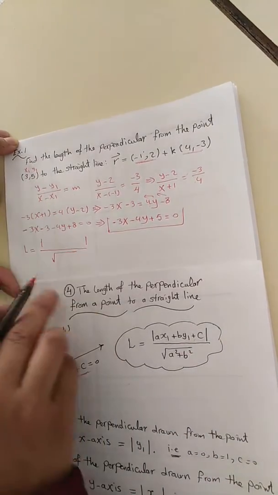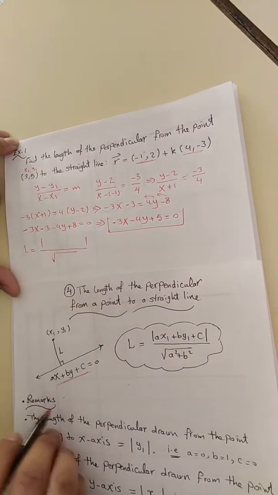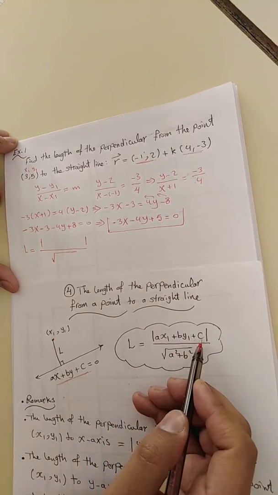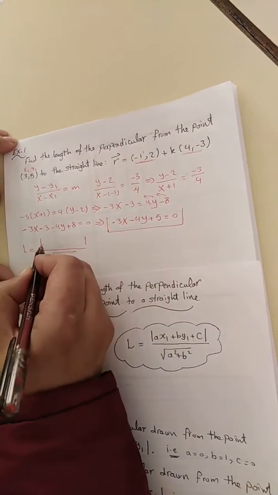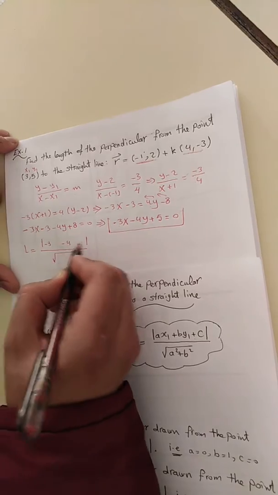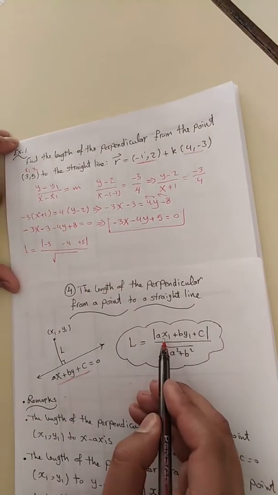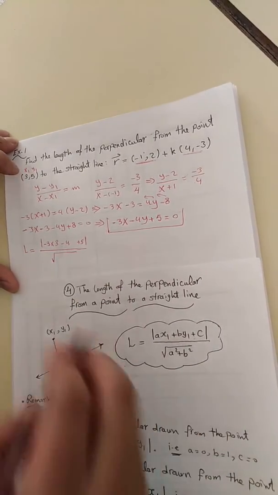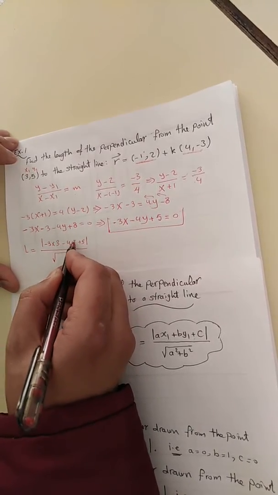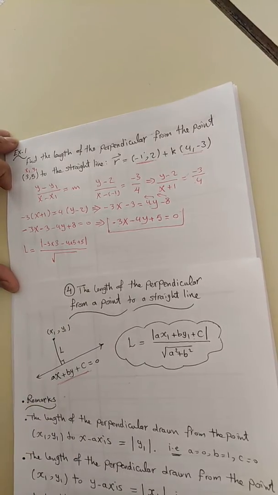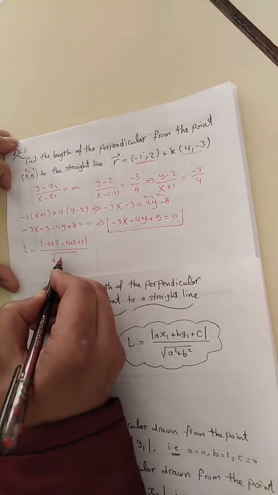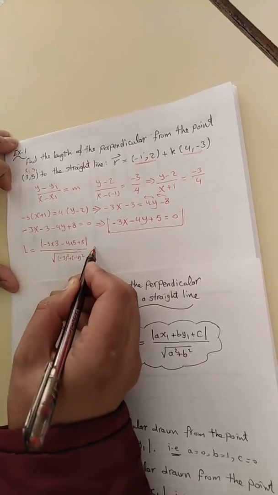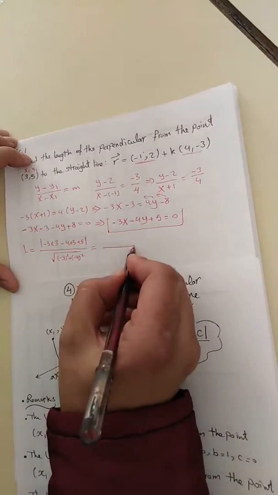This is x1, y1 in our point, and A, B, C are the coefficient of x, the coefficient of y, and C. A times x1 is 3, B times y1, plus 5, over the square root of A power 2, negative 3 squared, plus B power 2, negative 4 squared. Now we compute this absolute value.